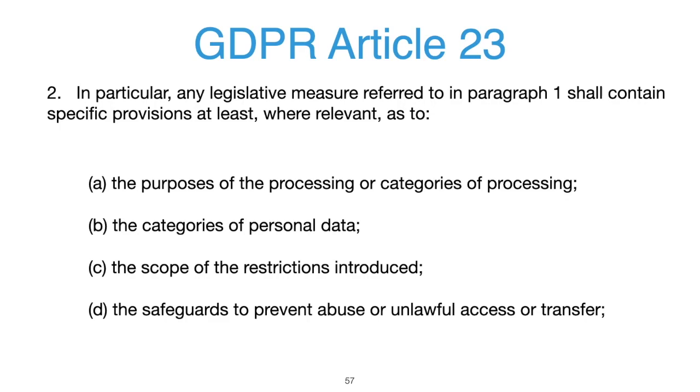Article 23.2 points out, though, that any restrictions that appear in paragraph 1 must be properly articulated, and they must contain specific provisions that specify the purpose of the processing, the categories of personal data, the scope of the restrictions, and the safeguards to prevent the abuse or unlawful access or transfer.